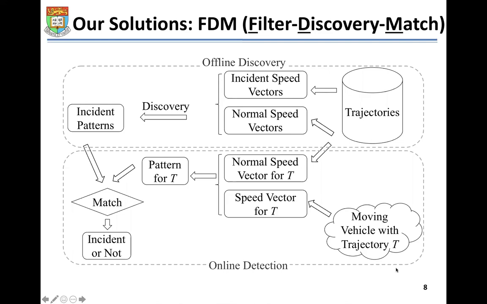We then discover incident patterns from these two kinds of vectors. In the online detection phase, we match the pattern for trajectory T with the incident patterns we discovered in the offline discovery phase. If it can be matched, then an incident is detected. Otherwise, no incident happened.